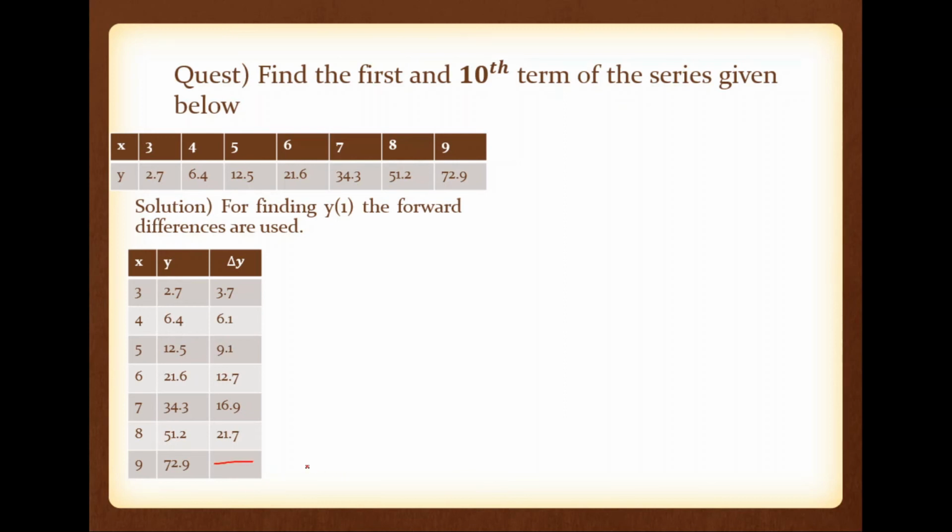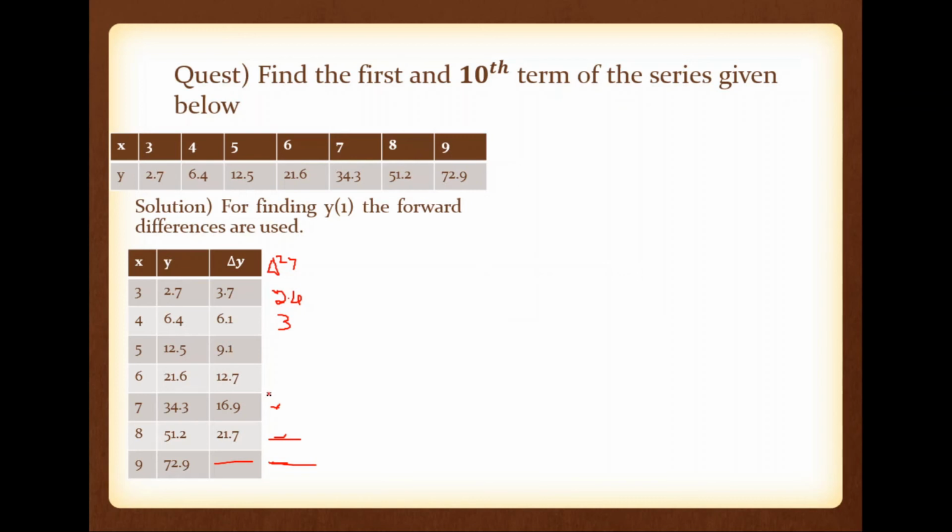This one is absent. Now by using this column, we have to find delta square y. So the first one will be delta square y0. From this point to this point, the last two data are absent. This is square, so last two elements are absent. So what is first data? Next one 6.1 minus 3.7. So this is 2.4. What is this data? Next one 9.1 minus 6.1. So that is 3.